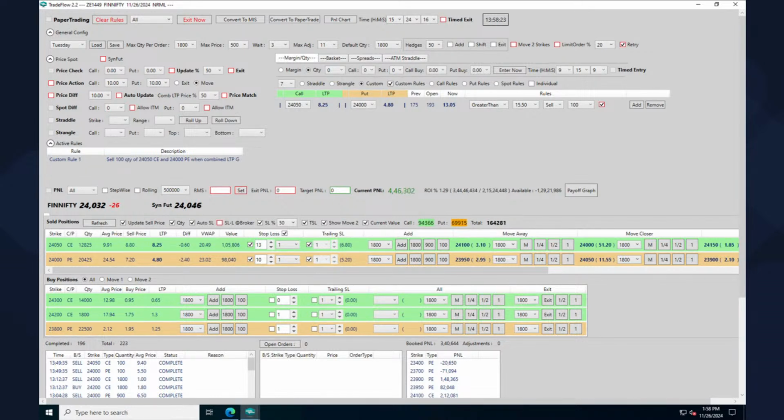Not good news for longs. Bank Nifty 5 up and 7 down.